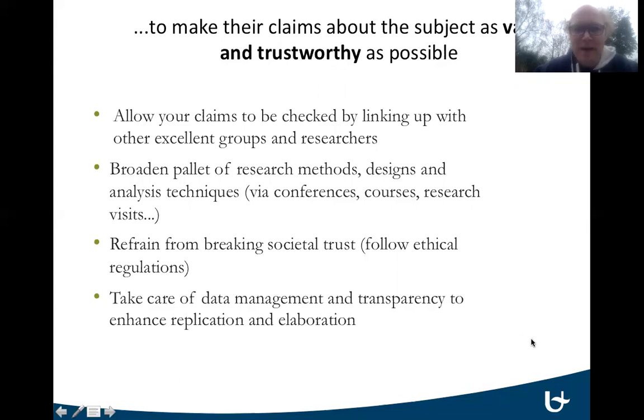Second line was to make their claims about the subject as valid and trustworthy as possible. This means that you need to allow your claims to be checked by linking up, for instance, with other excellent research groups and research. Don't stay isolated in your room, but make use of excellent researchers and groups.